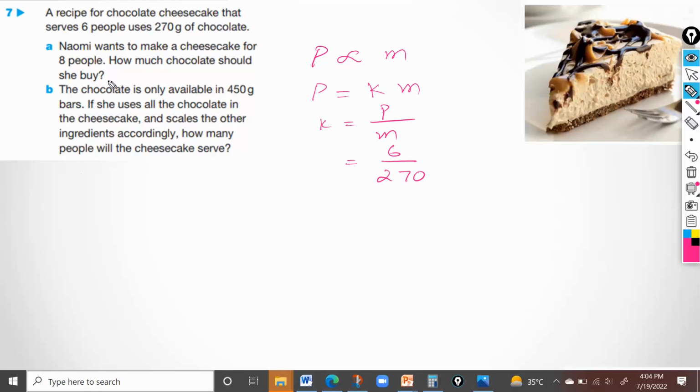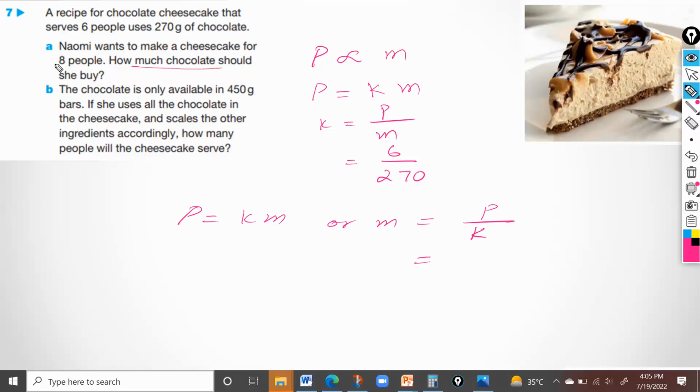For example, now here 8 people are here. So I can take P is equal to K times M, or M equals P upon K. Now we have M equals, we need to find out the mass of chocolate.